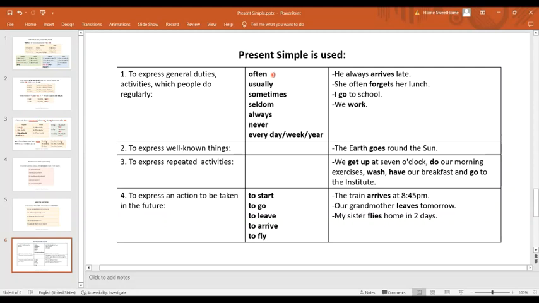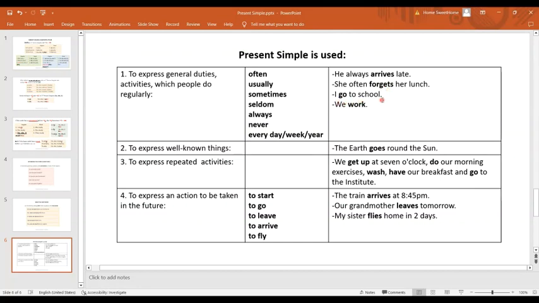So let's learn often, usually, sometimes, seldom, always, never, every day, every week, every month, every year. He always arrives late. Here I use present simple. She often forgets her lunch. She does it often. That's why I use present simple here.